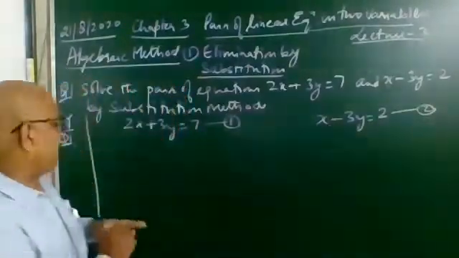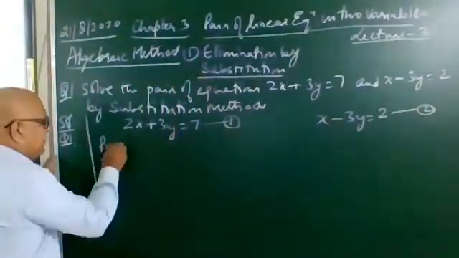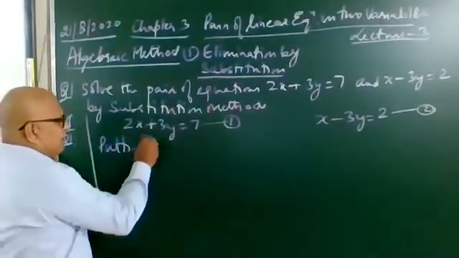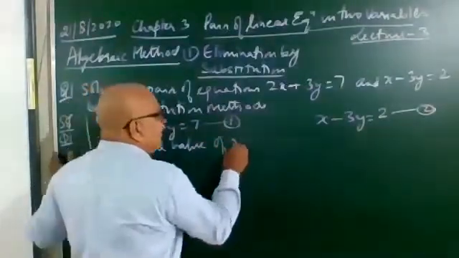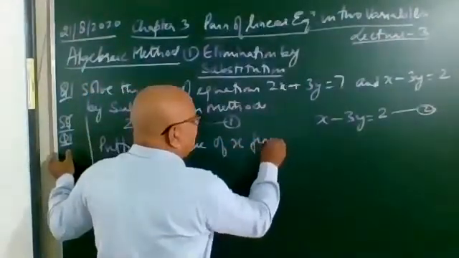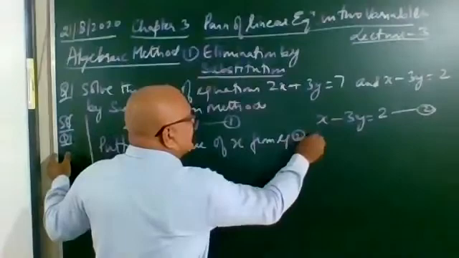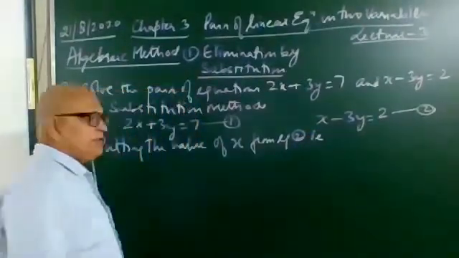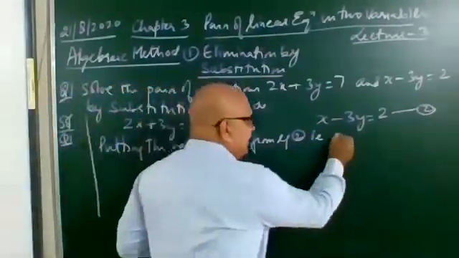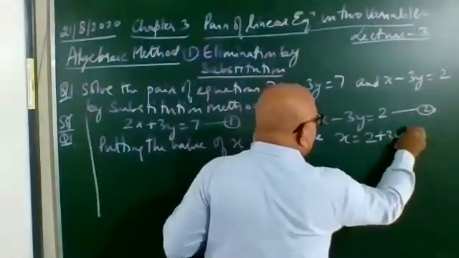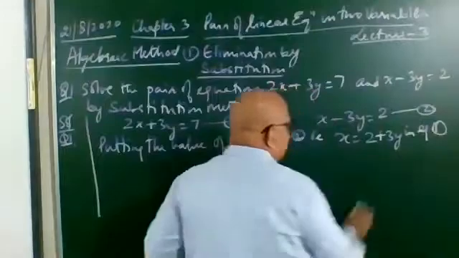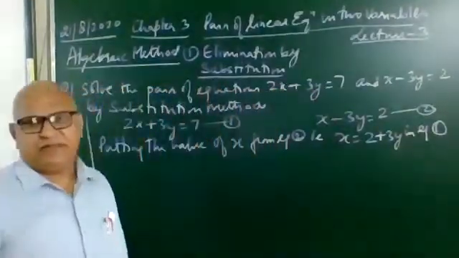So I will say, putting the value of x from equation 2, that is x equal to 2 plus 3y, in equation 1. This is called the substitution method.